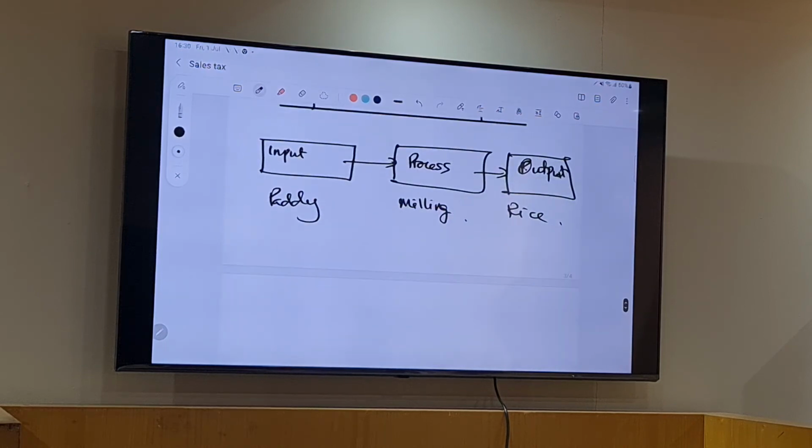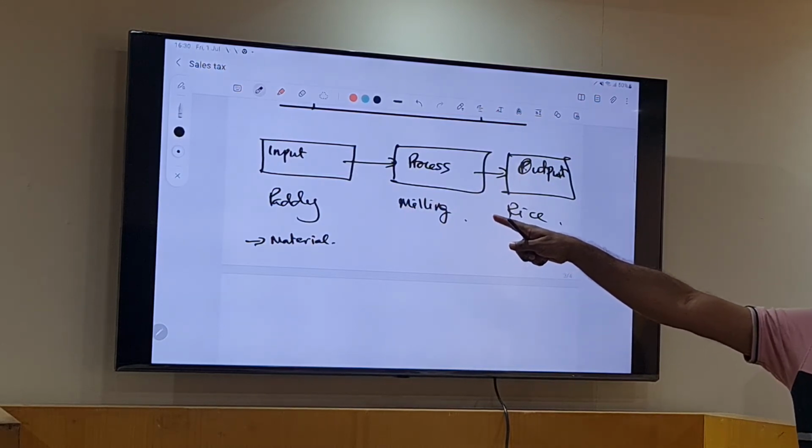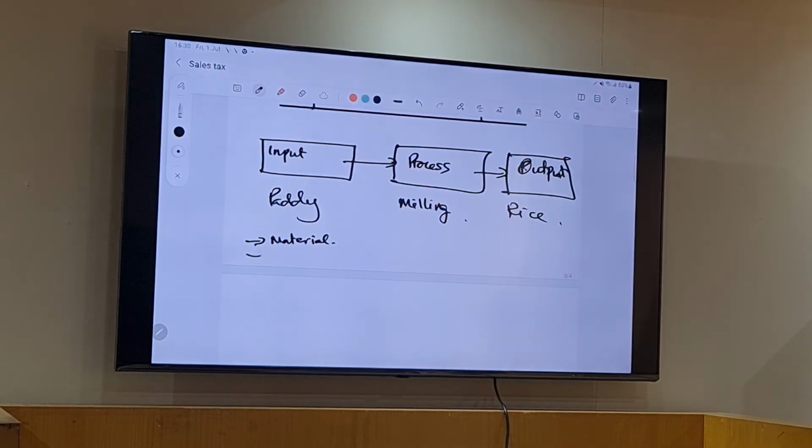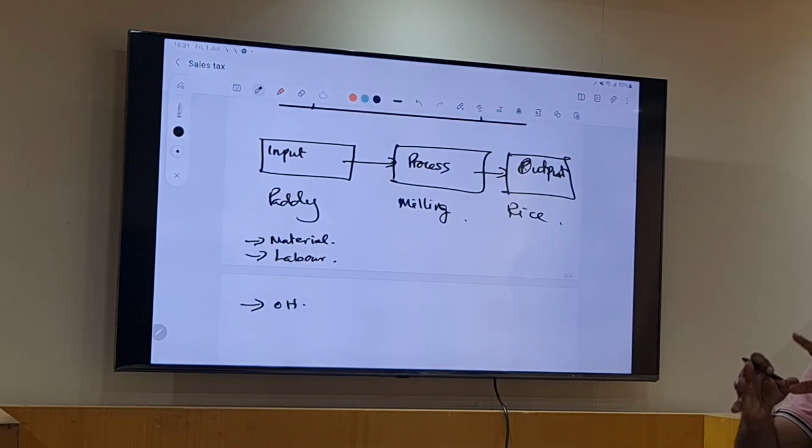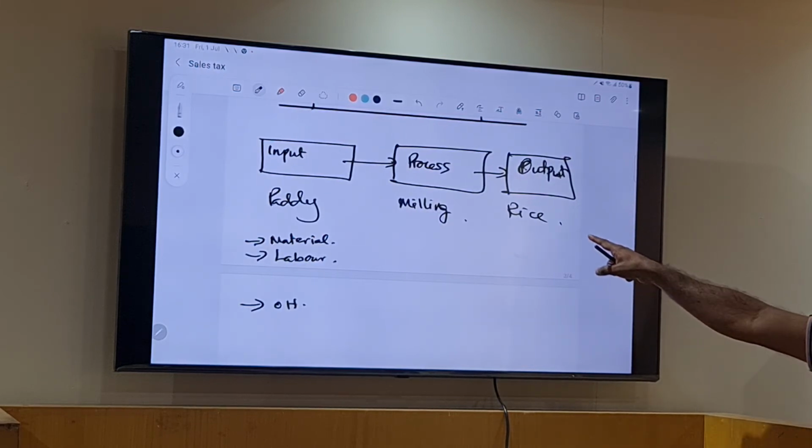Here I need to have material, in this case paddy. We also need to have labor. We also need to have overheads. So the total of these three I am putting into this process, and that gets converted into rice.